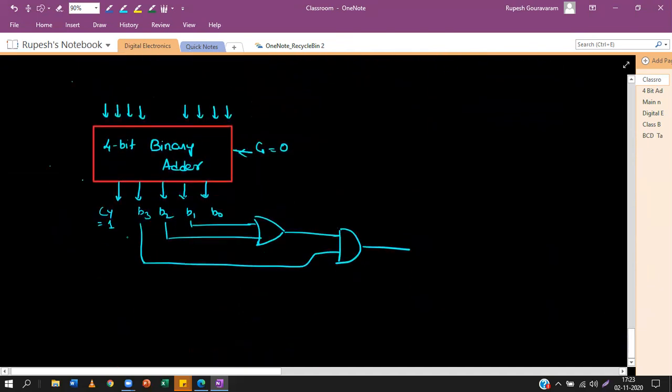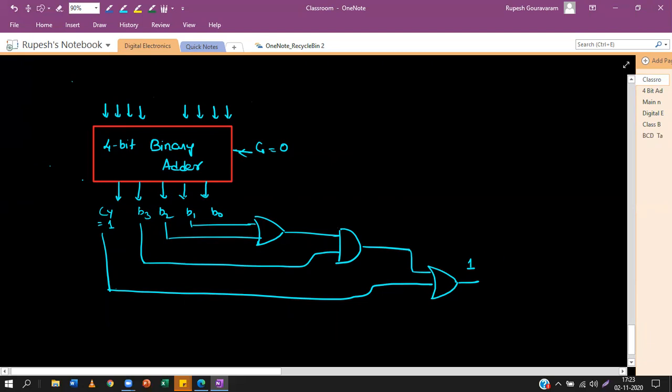So the output of this logic and the carry are taken here, and this is an OR gate. If it is 1, then we will add the correction factor of plus 6. If it is 0, we don't add the correction factor.